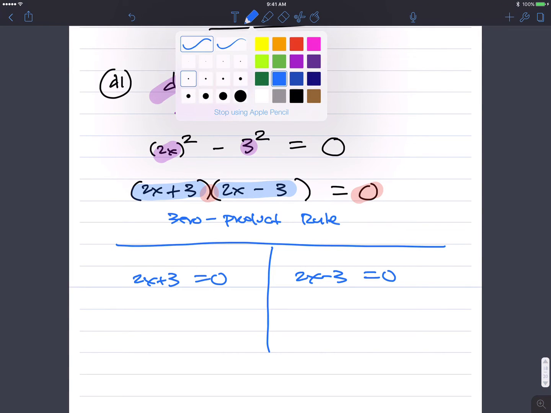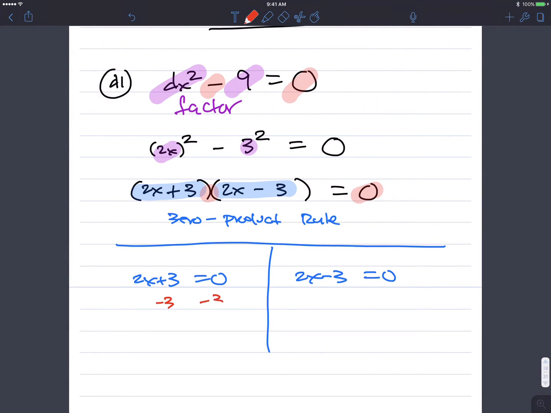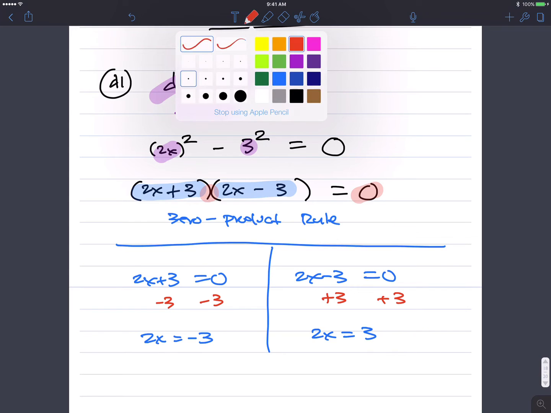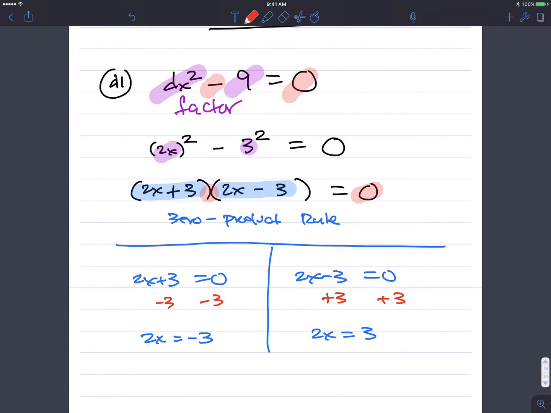Okay, let's solve. So we're going to subtract 3 from both sides, add 3 to both sides, and you end up with 2x is negative 3, 2x is positive 3. Now, we're going to divide both sides by 2. Oops, sorry, you guys. You don't see that.